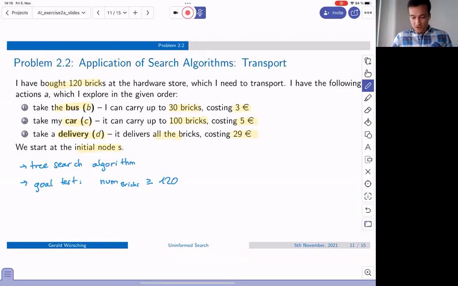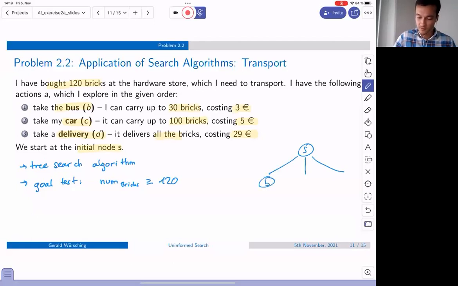Okay, so then one more important thing, the way we're going to do it now is I'll just draw an example of how the tree search is going to look like. So we have an initial node S, and basically we have 3 actions. So we have bus, car, delivery. And we'll say that each node that we have corresponds to the action we take.